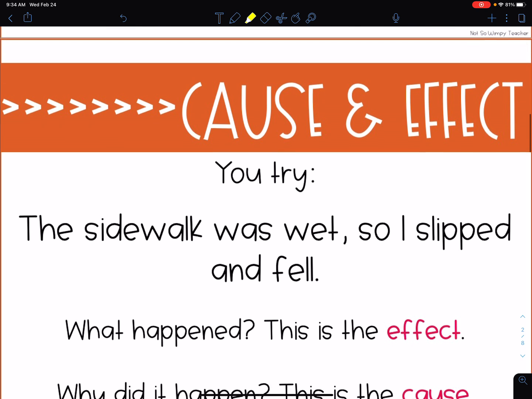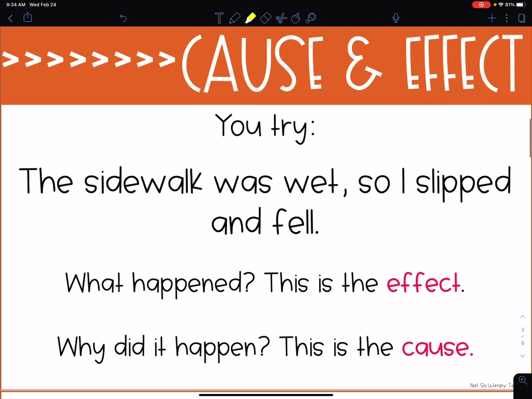Let's look at this one together. The sidewalk was wet, so I slipped and fell. Again, the sidewalk was wet, so I slipped and fell. What happened in our sentence? What happened was I slipped and fell.